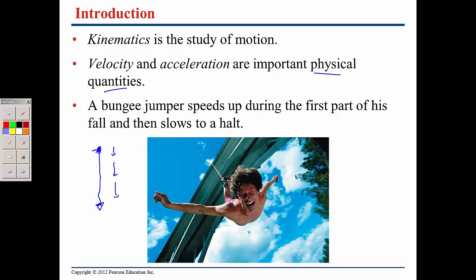He's moving. We're studying kinematics because we're talking about his velocity, his acceleration, and his position. And as he reaches the end of his rope, he's going to start to slow to a halt and then move back upwards. So we're going to be able to talk about his position, velocity, and acceleration throughout this entire process.